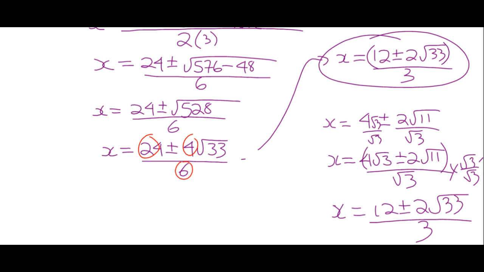If you enter 12 plus 2 root 33 divided by 3 into your calculator, what are you going to get? It's going to do the division first, and then it's going to add 12. So if you look at this, you say, what's root 33? It's between 5 and 6, but closer to 6. Let's call it 6.